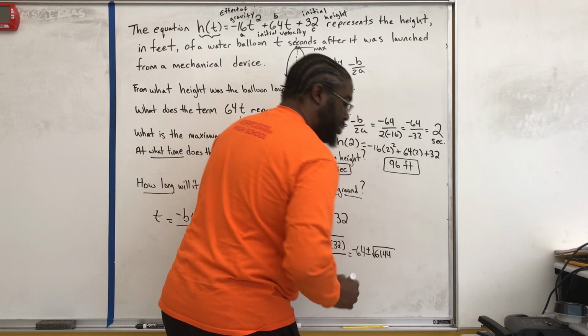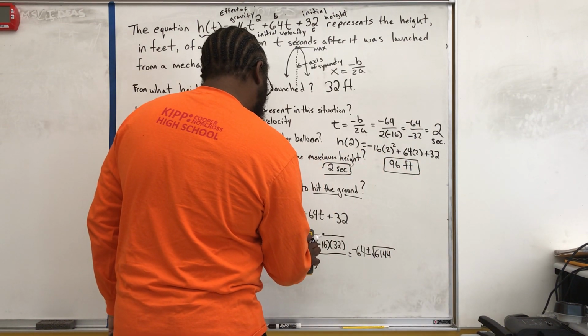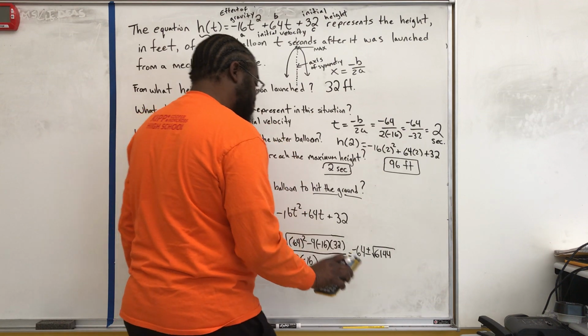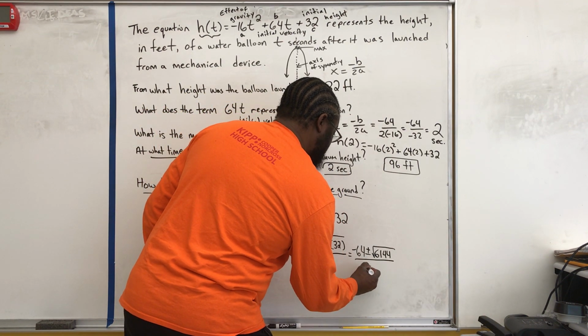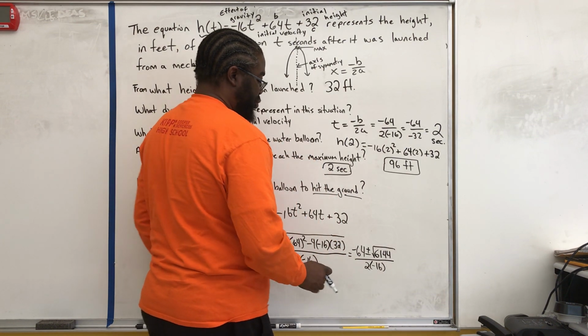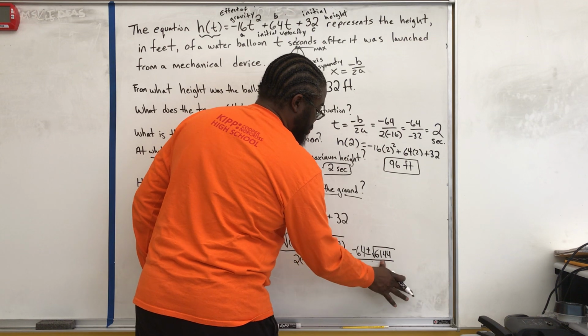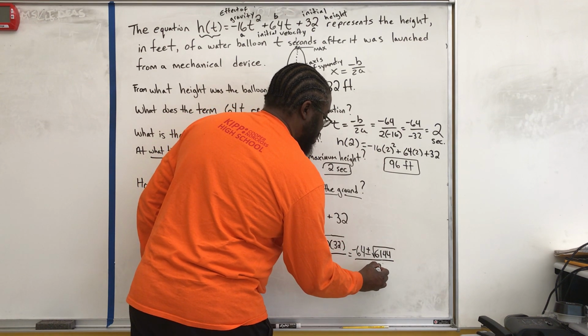Make sure we typed everything in correctly. Okay, there's our answer, over 2 times negative 16. We know that, we can just put the real answer there. 2 times negative 16 is negative 32.